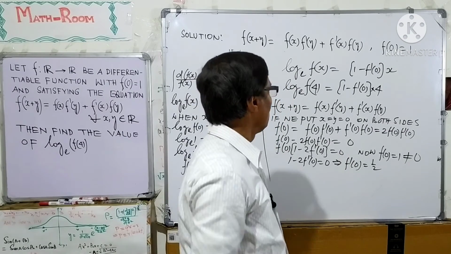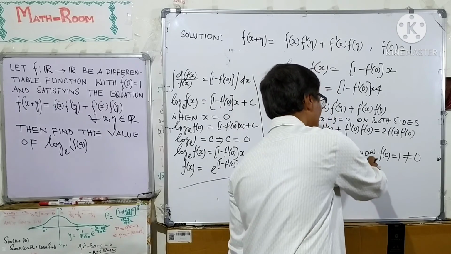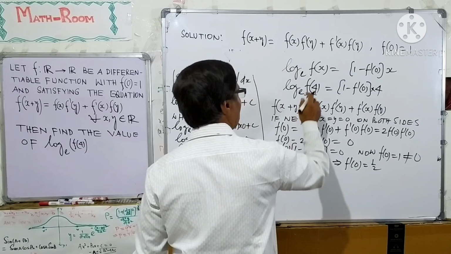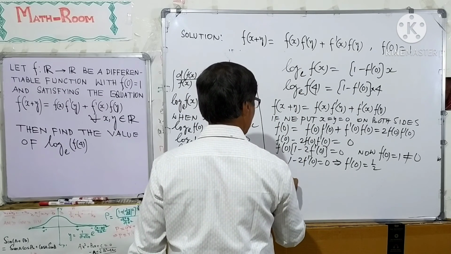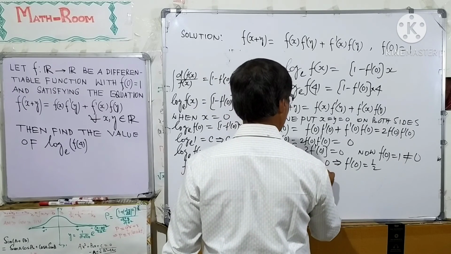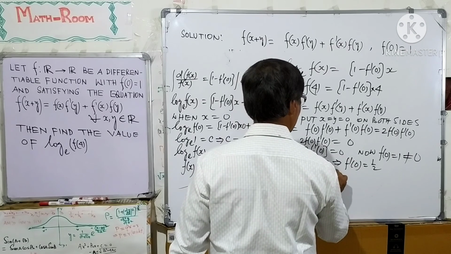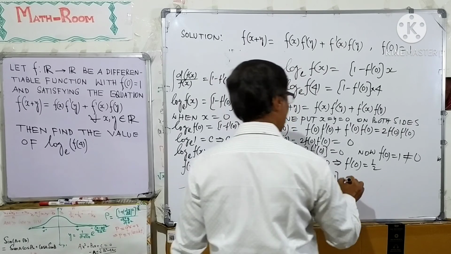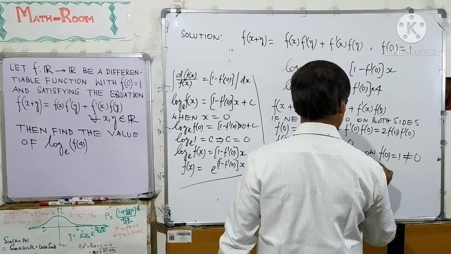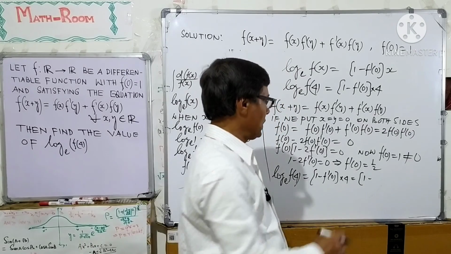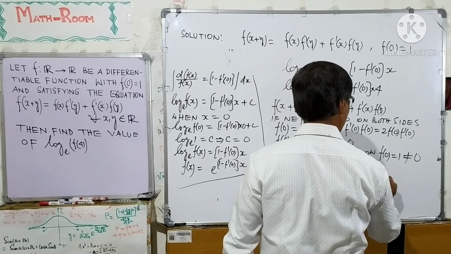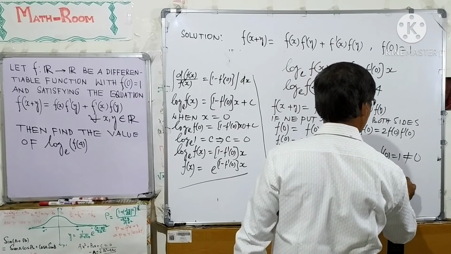So, we have derived the value of f'(0), which is half, and we put this value in this equation. We get natural logarithm f of 4 equal to 1 minus f'(0) into 4; 1 minus f'(0) is half, so half into 4, that is 2.